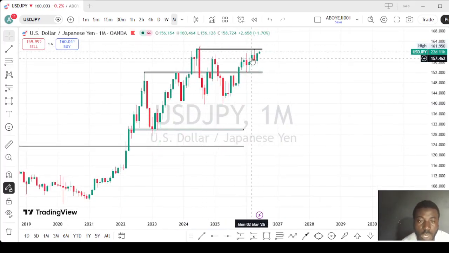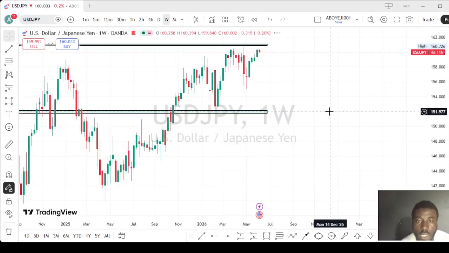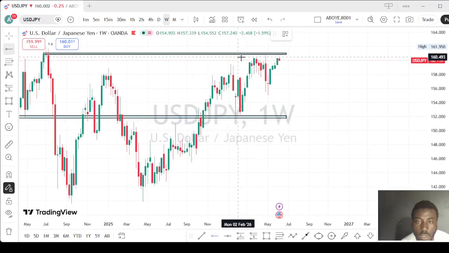But we got to wait on this key level because market is giving us break of structure. Let's see if this can give us break of structure also. Let's move to daily time frame. This is our weekly time frame. This is our swing high here because this is the last break of structure market gave us.